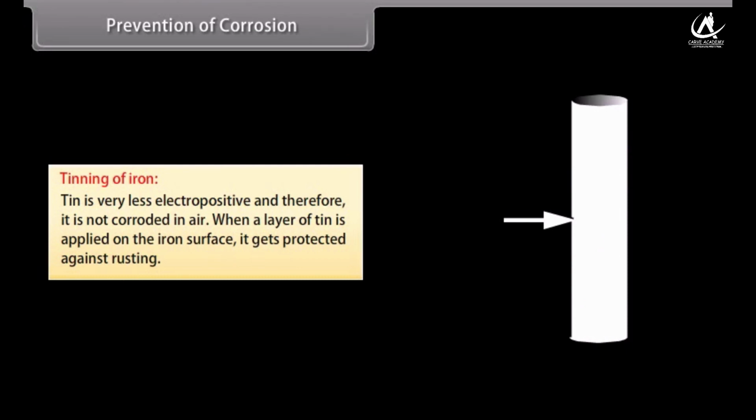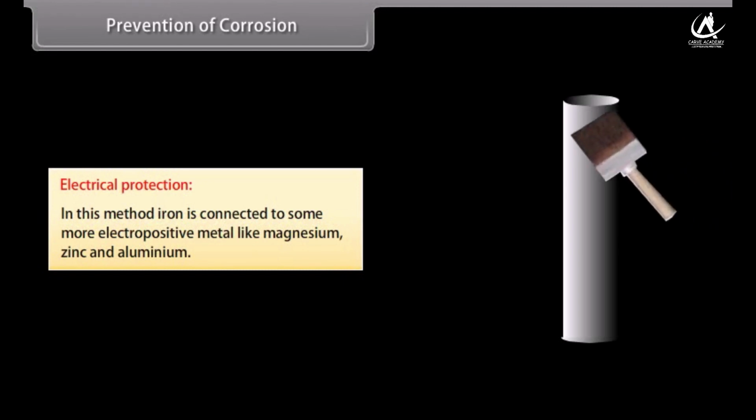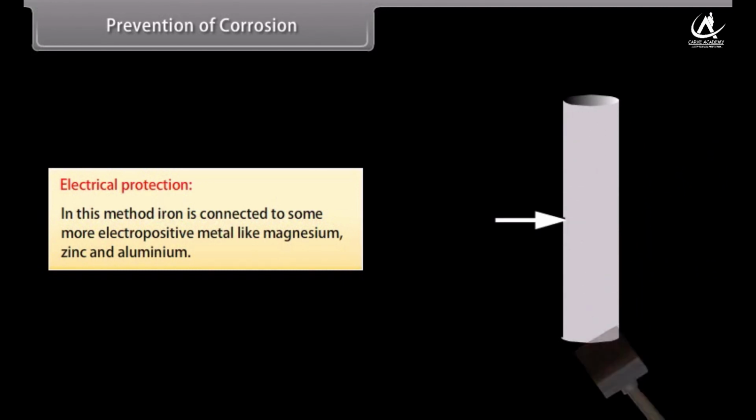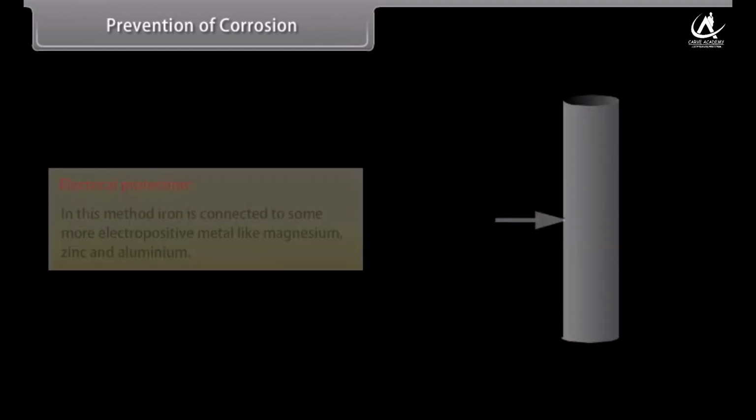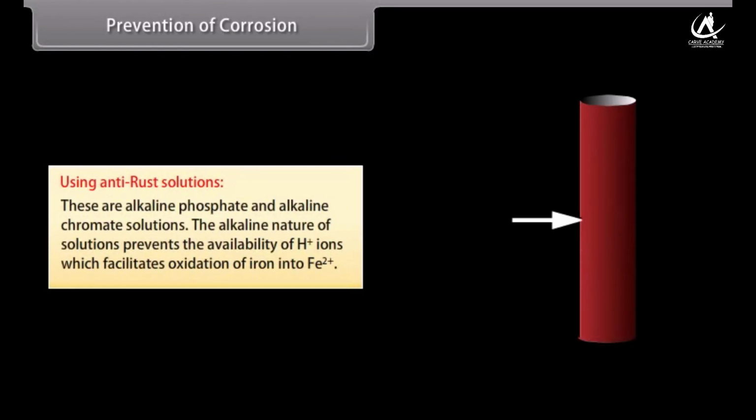When a layer of tin is applied on the iron surface, it gets protected against rusting. Electrical protection. In this method, iron is connected to some more electropositive metal like magnesium, zinc, and aluminium. Using anti-rust solutions. These are alkaline phosphate and alkaline chromate solutions. The alkaline nature of the solutions prevents the availability of H+ ions, which facilitates oxidation of iron into Fe+2.